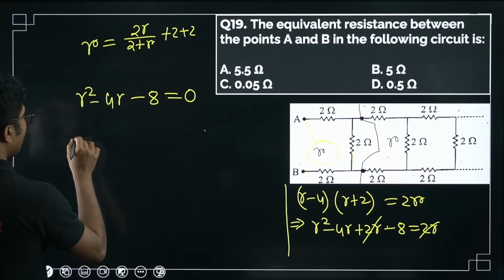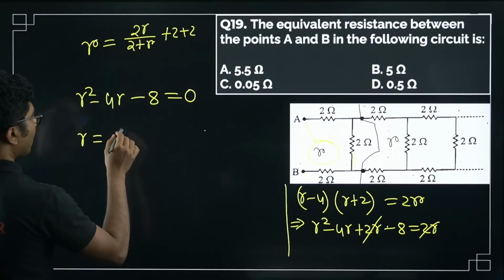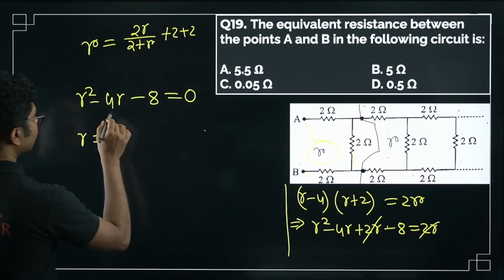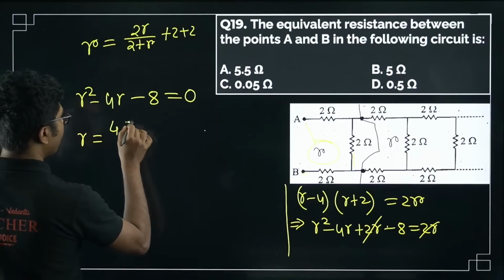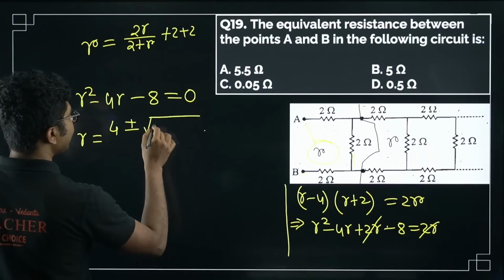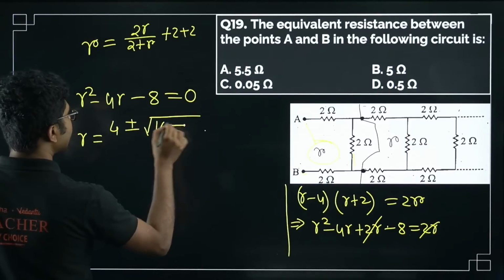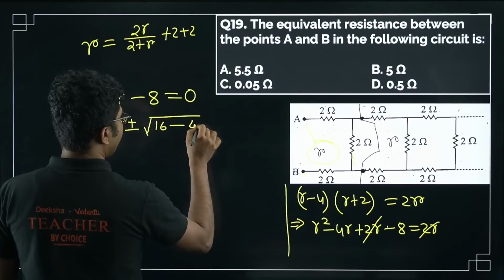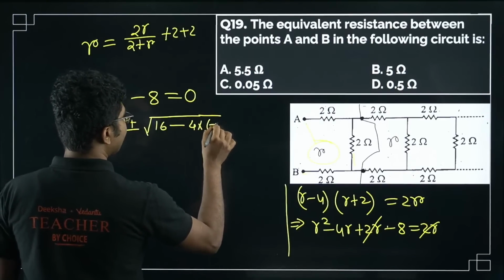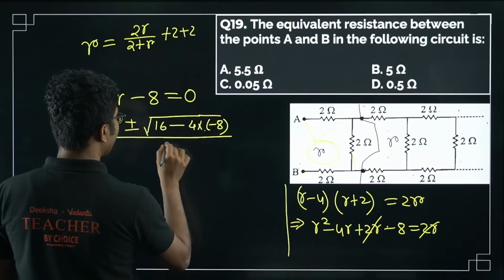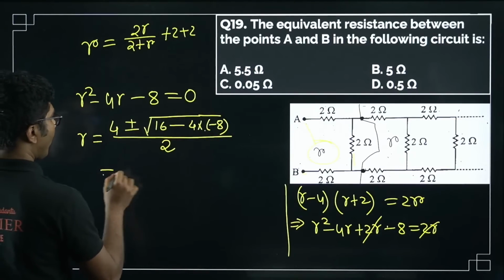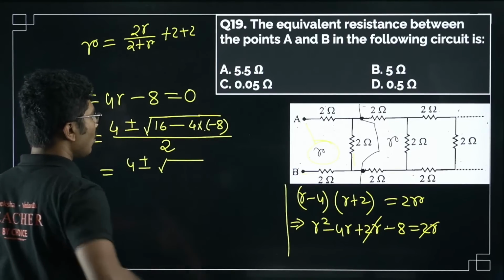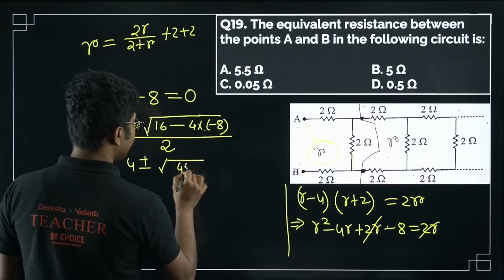So it will be r equals minus b, that is 4, plus or minus square root of b square minus 4ac, 16 minus, a is 1 into c is minus 8, divided by 2a, so it will be 2. So 4 plus or minus square root of 16 plus 32. 16 plus 32 is 48, divided by 2.